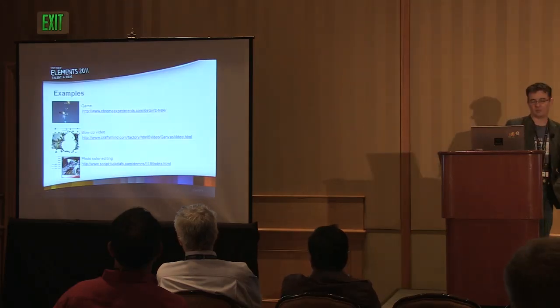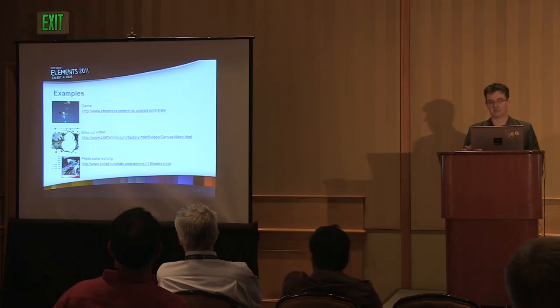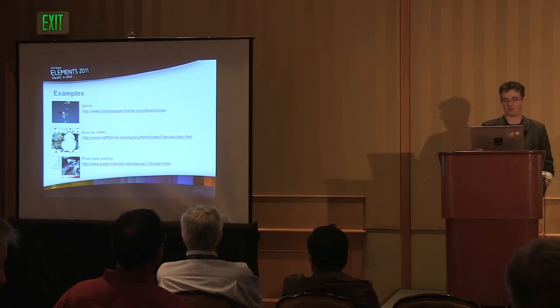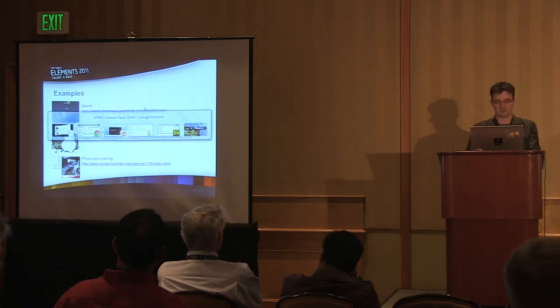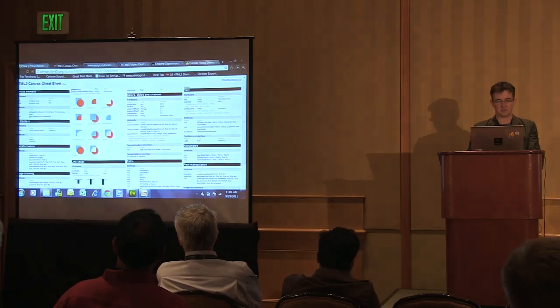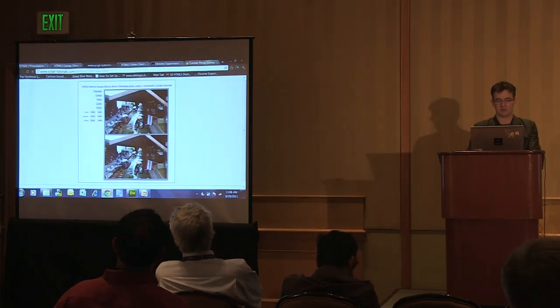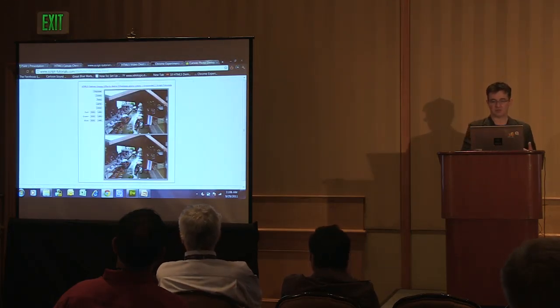So you can go on the web and find all sorts of amazing examples of what HTML5 and Canvas can do. Here are a couple that I found on the web that I think start to expose some of the neat things that it can do. Here's one that just shows some photo effects.